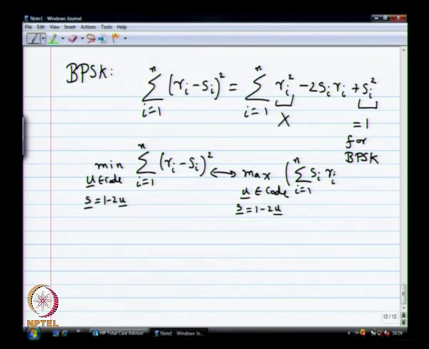How do we know this expression more familiarly? This is the dot product between R and S, or the correlation between the two vectors R and S.